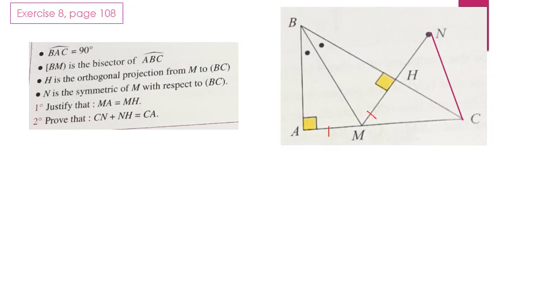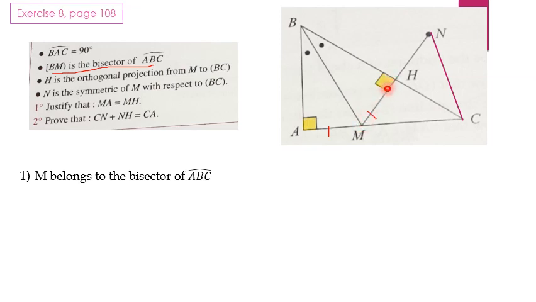How can we prove them? Let's think about the properties of bisector or perpendicular bisector maybe, and let's see what we will get. They told me that BM is the bisector of ABC. BM is the bisector and any point on the bisector is equidistant from both sides.